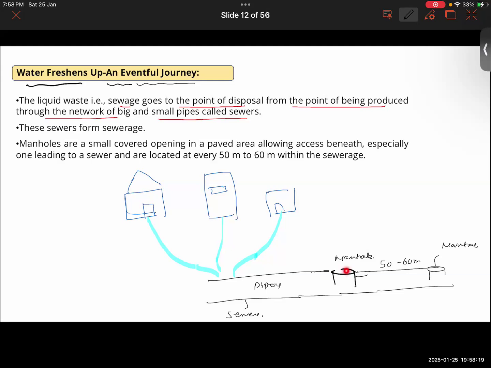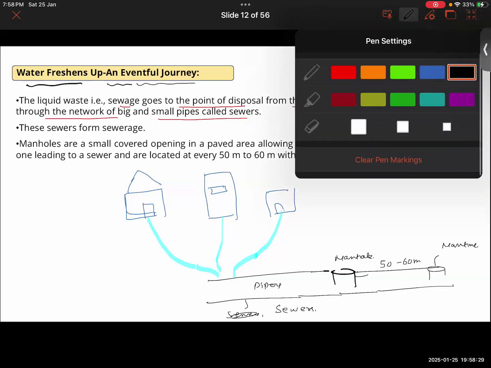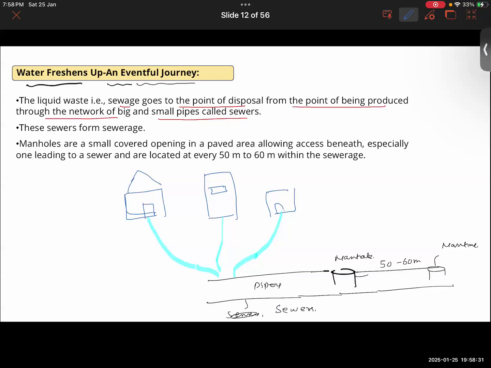For example, if the waste materials flowing into this pipe, called sewers, get stuck, if a big chunk of waste were to get stuck in it, suppose this is a big piece of waste material, then in order to inspect it, remove it or clear the passage, the manholes are created.